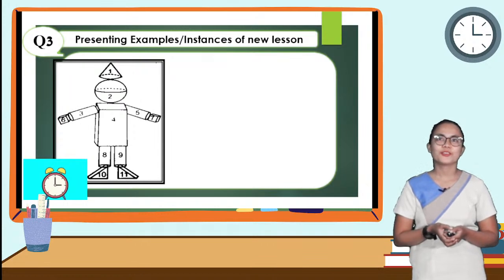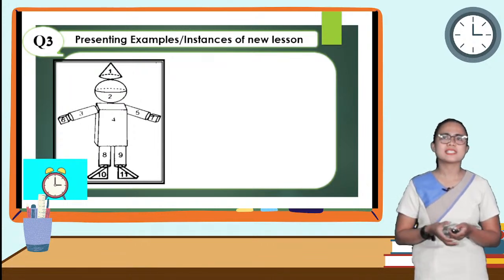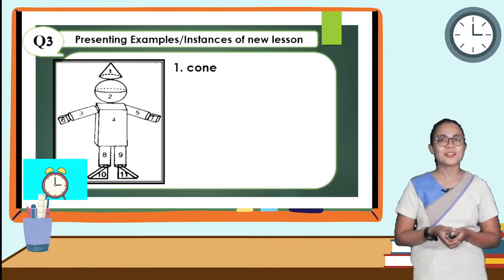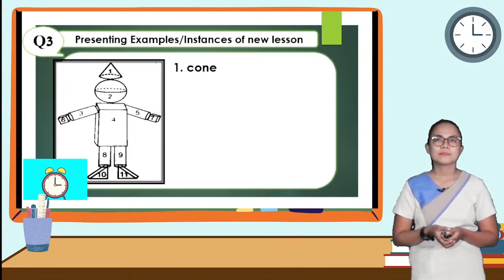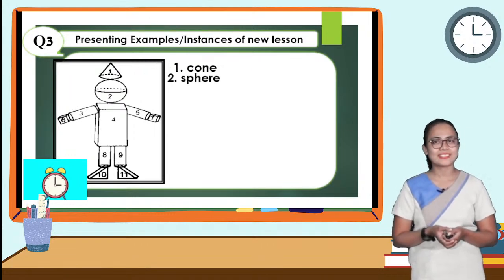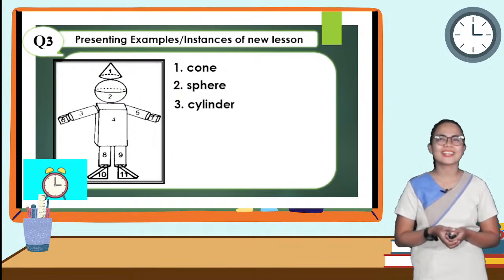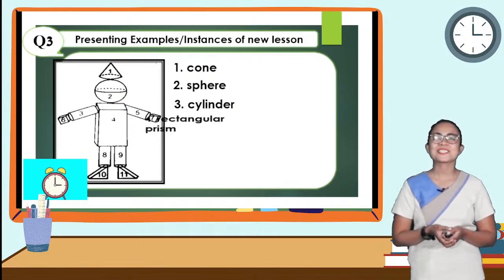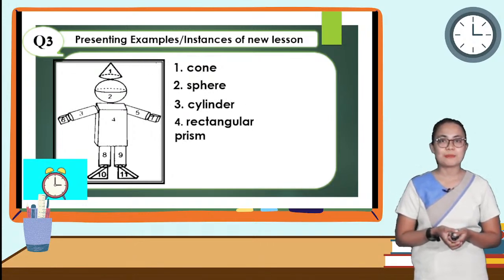Let's start for number 1. What solid figure is this? Excellent. We have cone. And number 2, very good. We have sphere. Number 3, cylinder. And number 4, we have nice, rectangular prism.